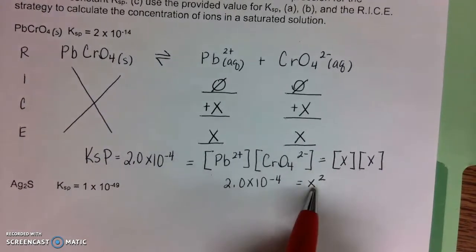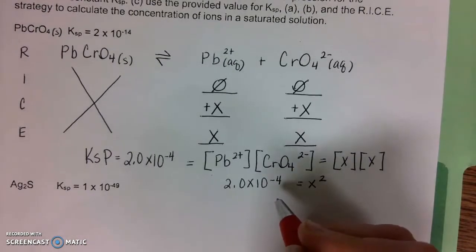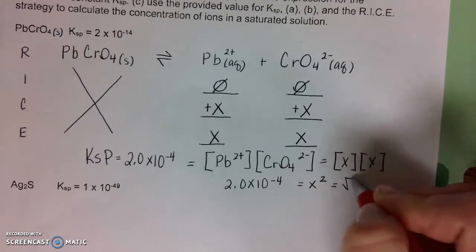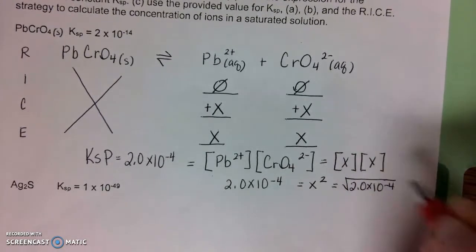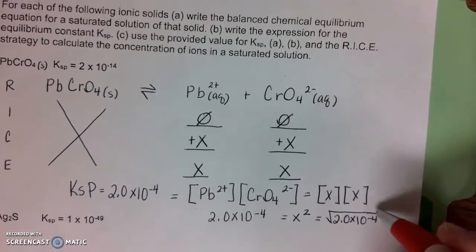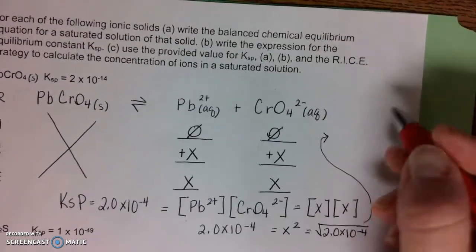So now my mathematics, in order to get x variable by itself, I'm going to take the square root. So I'll take the square root of 2.0 times 10 to the negative 4th, and I get my answer. I know I'm running out of space, so I'm going to put my answer up here.